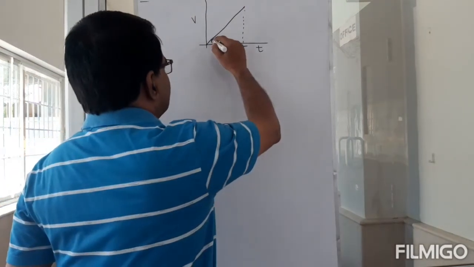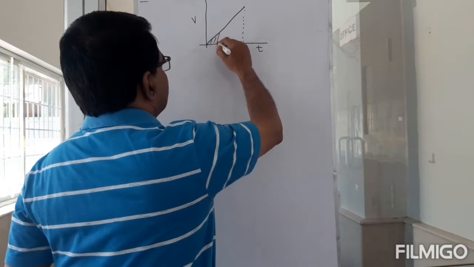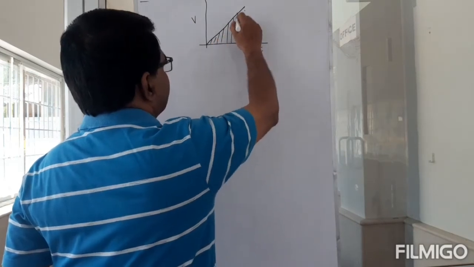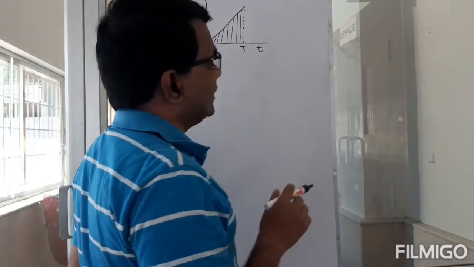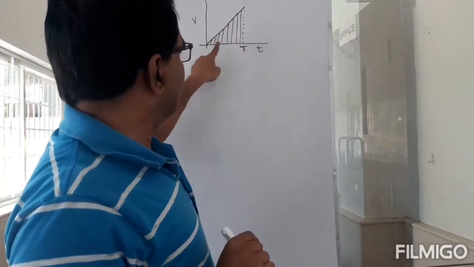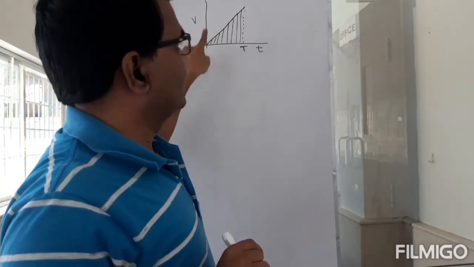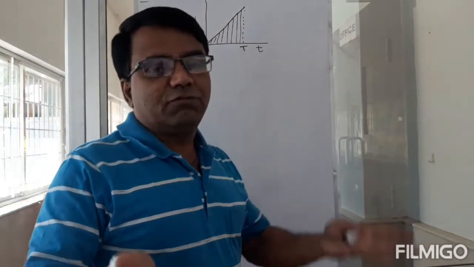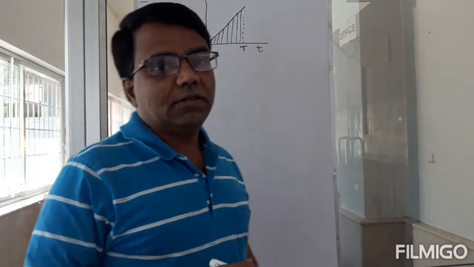If I find the area under this curve, this will be equal to the distance between this place and that place, between Gobi and E road. So the area of this triangle would be 40 kilometers.